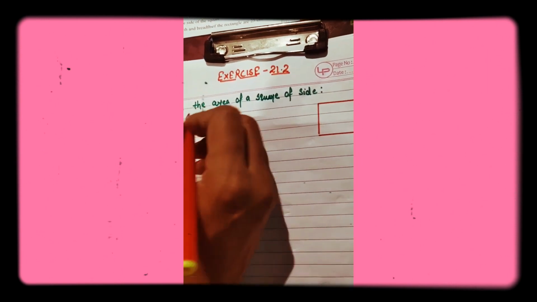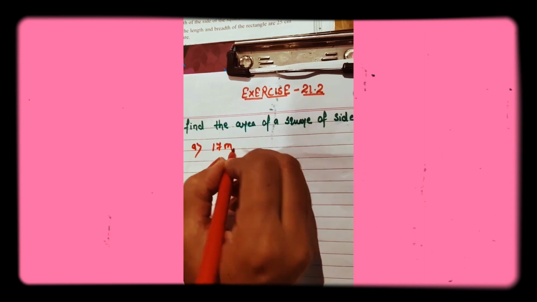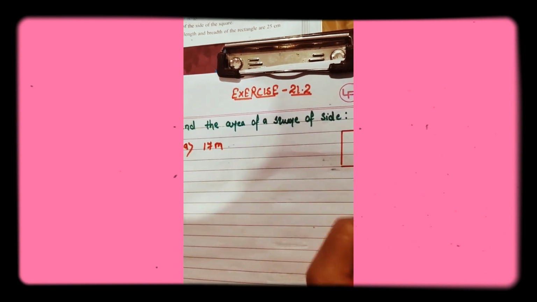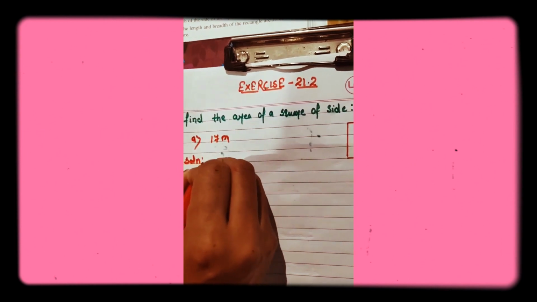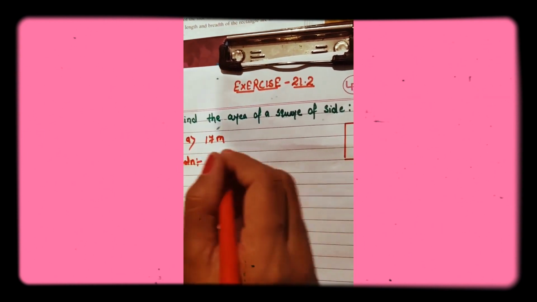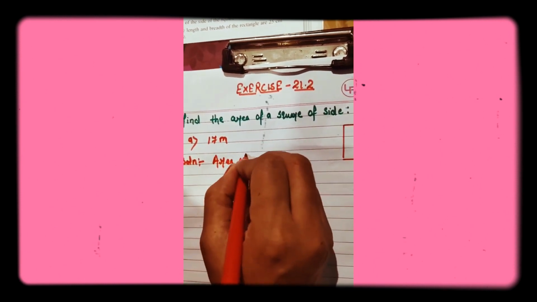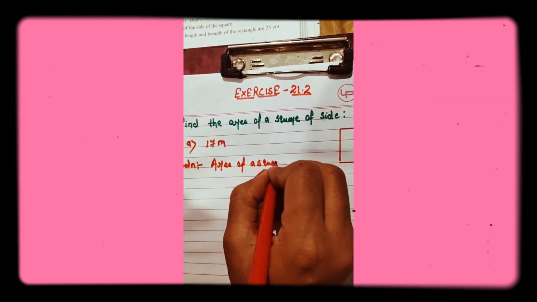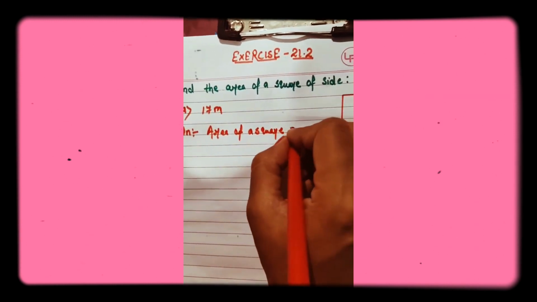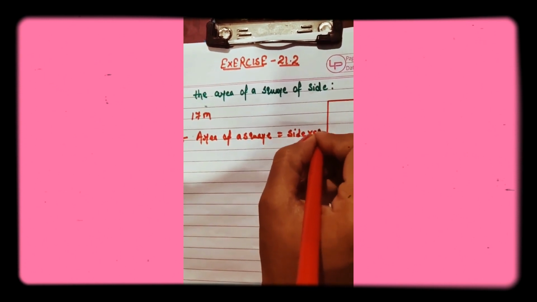Question number A. 17 meter. We have to find the area of a square side. So you have to write here solution and put the formula of area of square. Area of square formula equal to side into side.